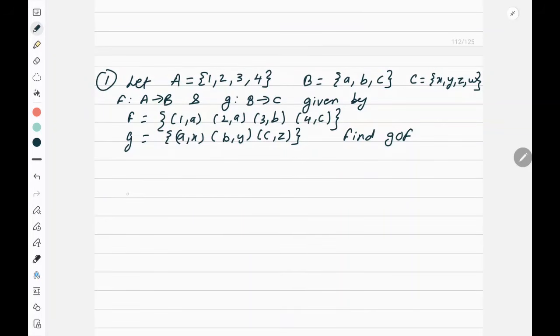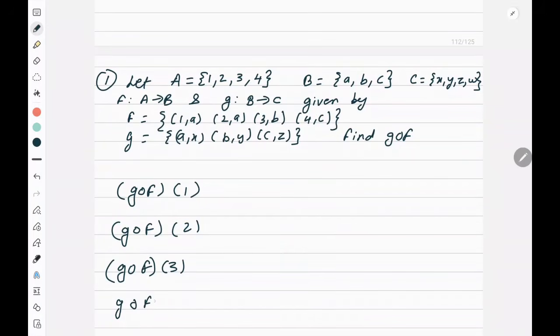As I told you when I defined it, the domain will always be the set A. So I have to find the image of each and every element which belongs to A. So I will be finding g∘f of 1, g∘f of 2, g∘f of 3 and g∘f of 4, because these are the 4 elements in set A. Now let me work with this. It will be g(f(1)).